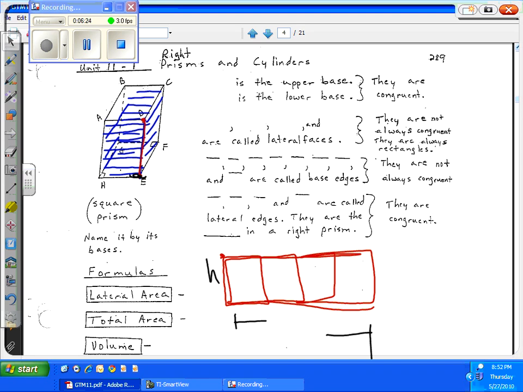The base of that folded out rectangle is going to be the perimeter of the base. So the formula for the lateral area, the area of all the sides, not including the top and bottom, is the perimeter of the bottom times the height of the prism.